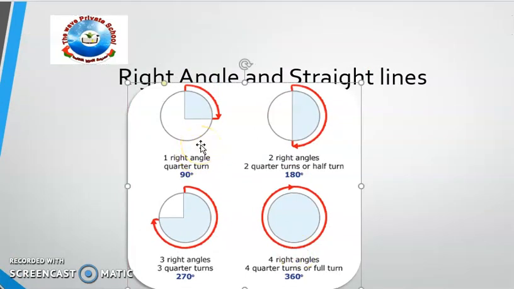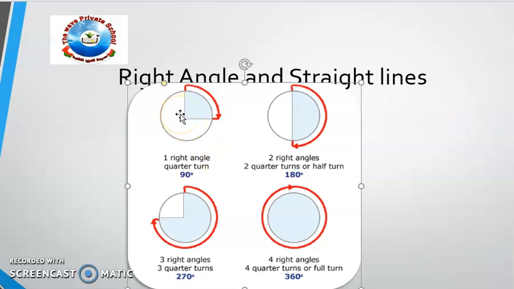Yes, follow me. 1 quarter, 1 right angle, 90 degrees. 2 quarters, 2 right angles, 180 degrees. 3 quarters, 3 right angles, 270 degrees. 4 quarters, 4 right angles, 360 degrees.